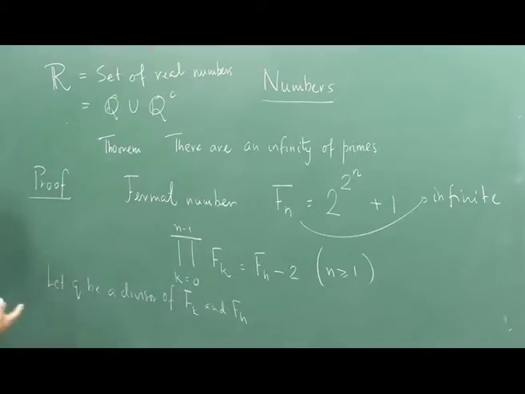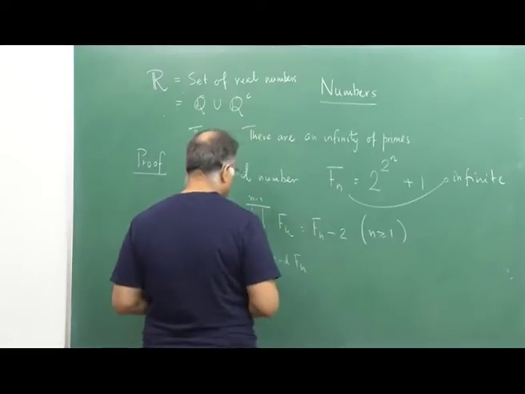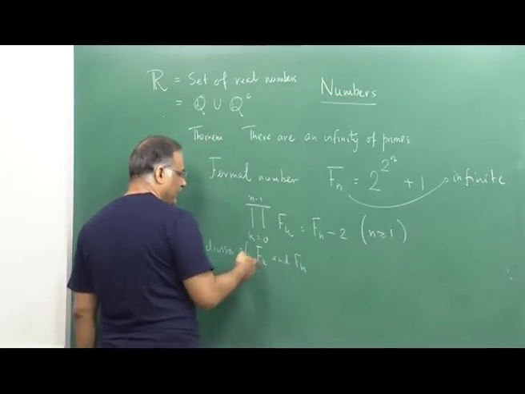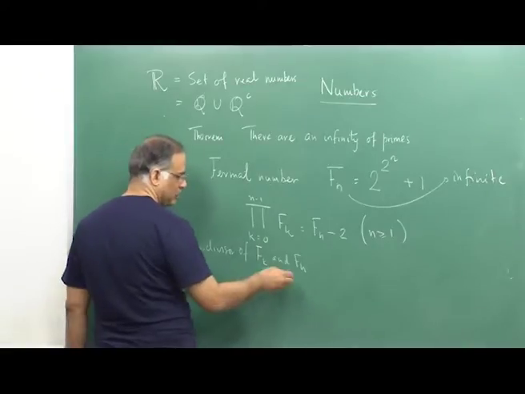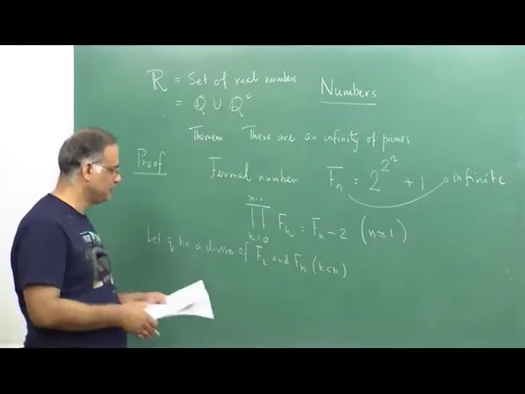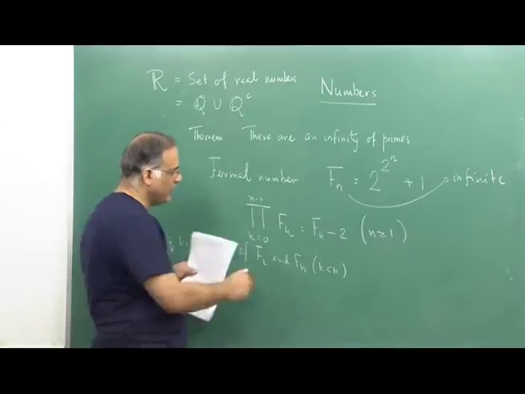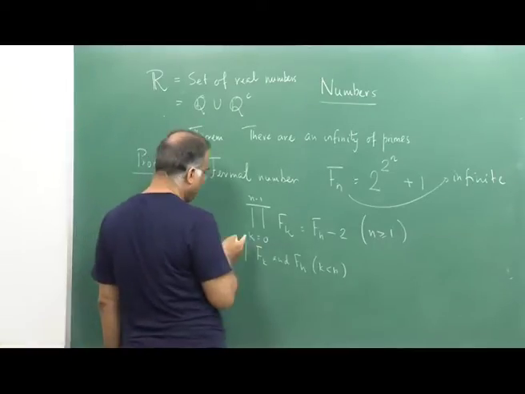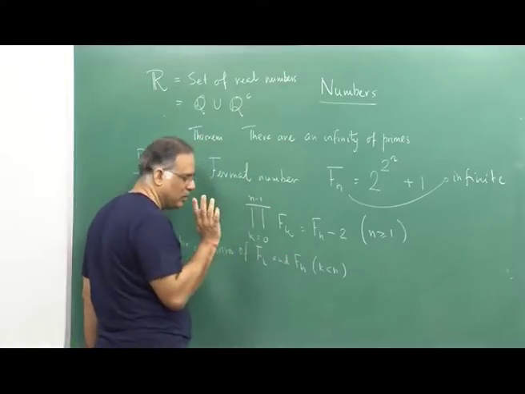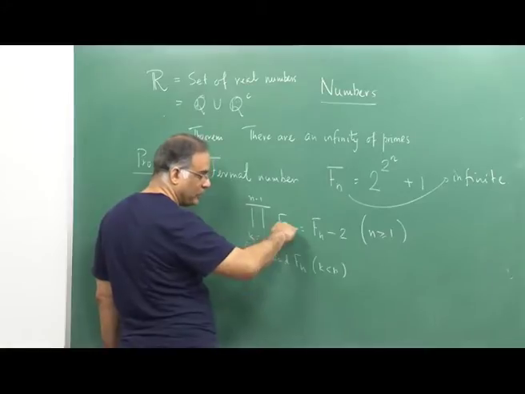So, you are talking about common divisors. Now, if it divides all the f k's and f n, so it is a common divisor, right. So, for some k, q is a divisor of f k and also of f n. So, what would happen here? I have a product of numbers.